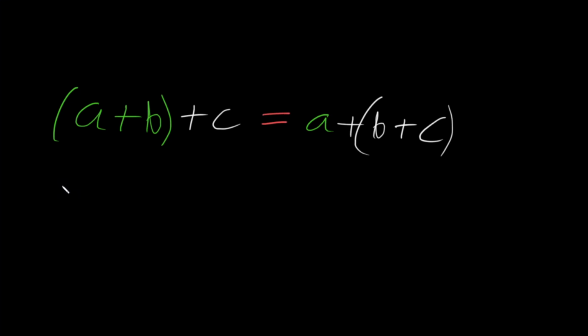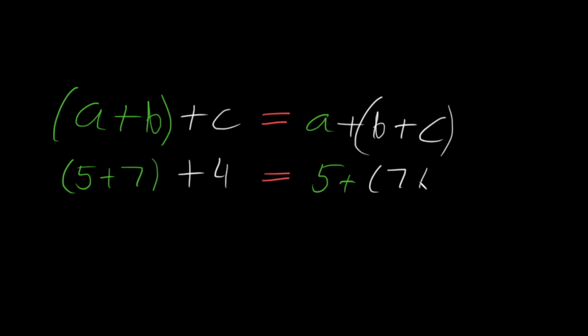We'll use some real numbers. Say we have 5 plus 7 grouped, and then we're going to add 4 more. Let's show that that will equal 5 plus, and then 7 plus 4 grouped.